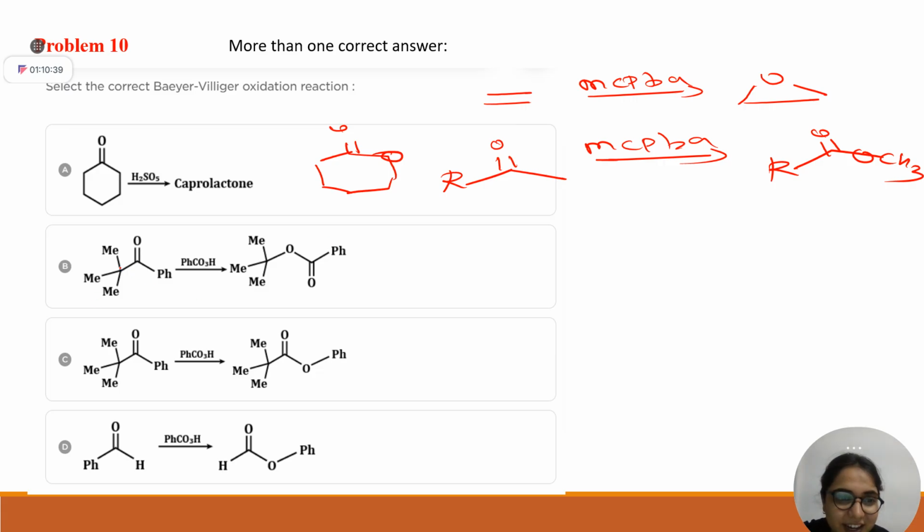Here, where will oxygen insert, at the left side or right side? Left side. Sure. Do you all know the migratory aptitude order in Baeyer-Villiger oxidation?